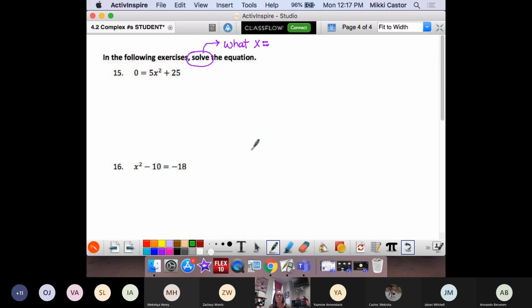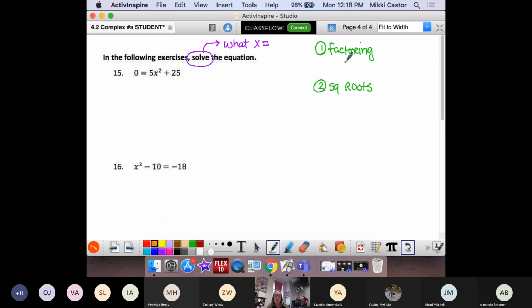So in order to solve the equation, we need to figure out which method we want to use. Do we want to use factoring, or do we want to use square roots? It's really going to depend on if you are given more than one type of variable in the equation, or if you're just given an x squared.